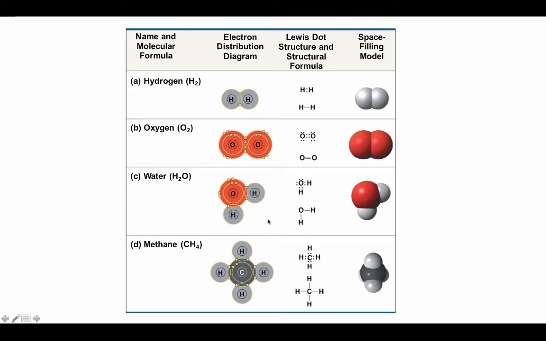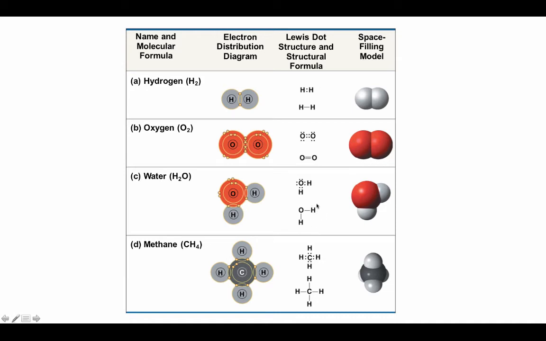Water is going to have a particular shape because these pairs of electrons are going to be as far away from each other as possible, and so the pairs that are shared with hydrogen are going to be evenly spaced with the 2 pairs that are not shared to form this kind of bent shape. And again, oxygen with a valence of 2 bonds to 2 hydrogen atoms, and the 2 hydrogen atoms each have a valence of 1.